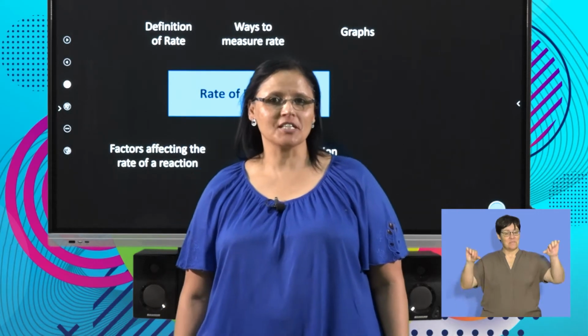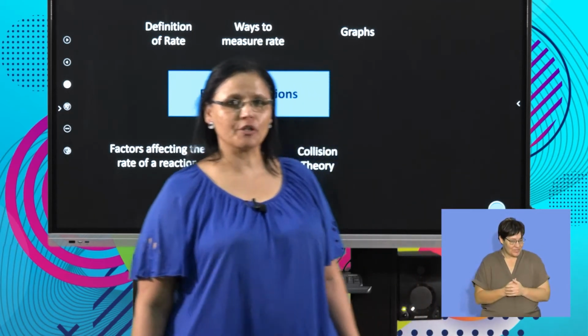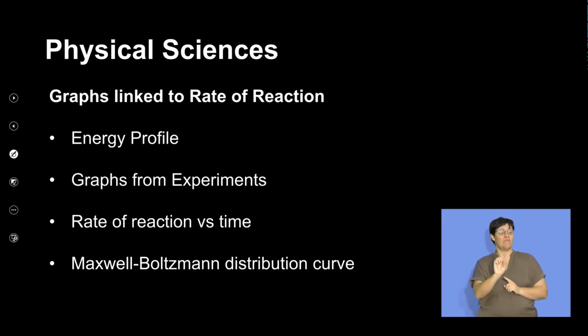Welcome back to Physical Sciences. I hope you've enjoyed the break. We're going to go on with graphs. In the first session, we looked at the energy profile graphs. We looked at exo and endothermic reactions and the graphs.